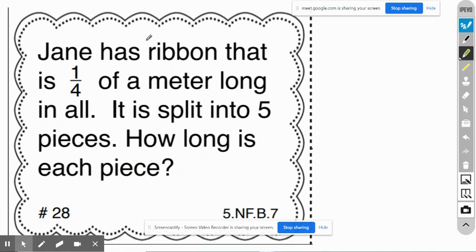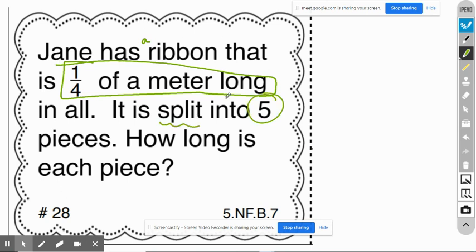Jane has a ribbon that is 1/4 of a meter long in all. That is the whole size of her ribbon, 1/4 of a meter. It is split into 5 pieces. How long is each piece?